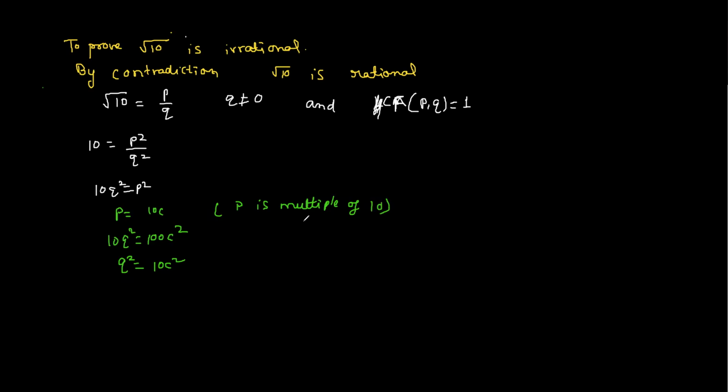That's why I write 10C. Yes. P is a multiple of 10. So after solving here, you are getting what? C. Right? Q is a multiple of C. Right?